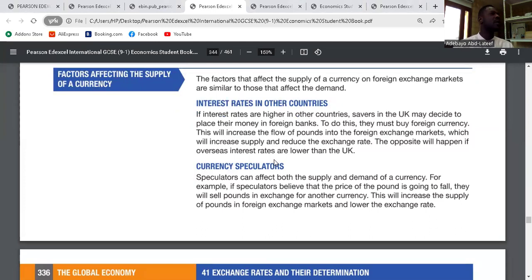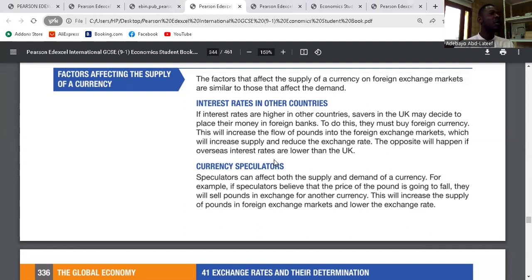So for the supply of the currency, if interest rates are higher in other countries than the UK, savers in the UK would take their money out of the UK to save in countries that have high interest rates, because it's better than the interest rate in the UK. So what does that imply?